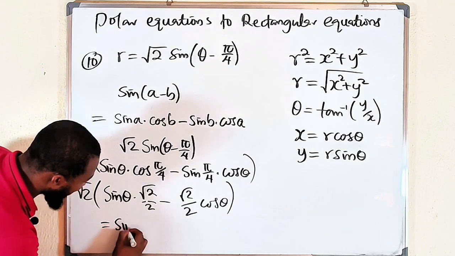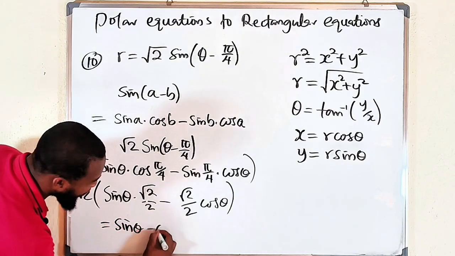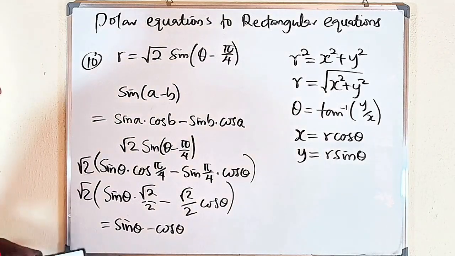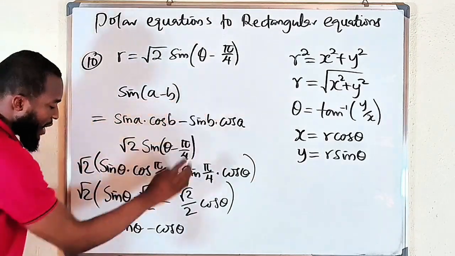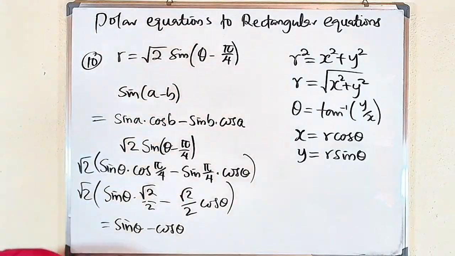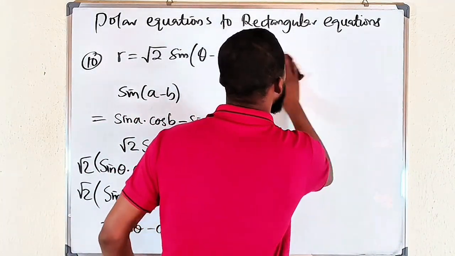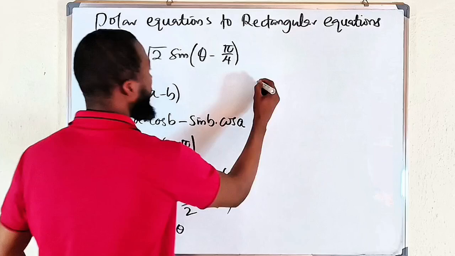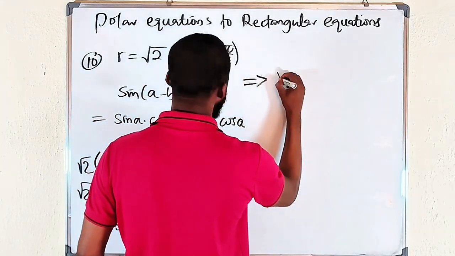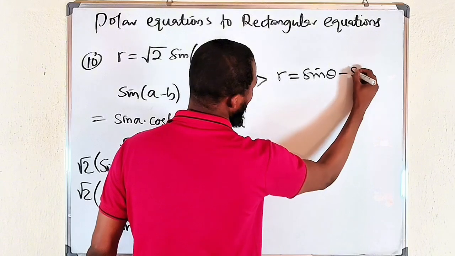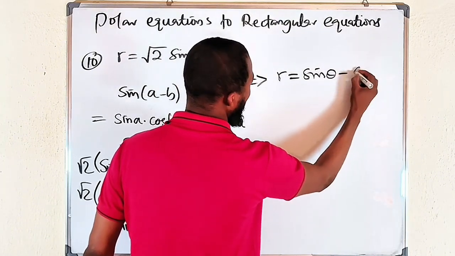We have only sine theta minus cos theta. Wow. So let's continue. So you can see that the whole of the right hand side is this. So let's come down here. This implies that r is equal to sine theta minus cos theta.